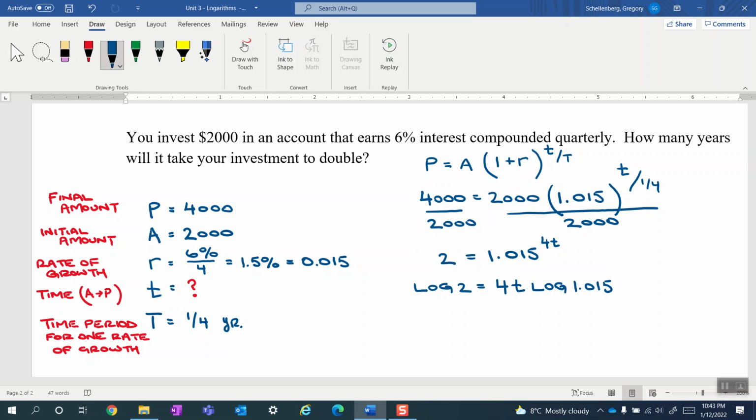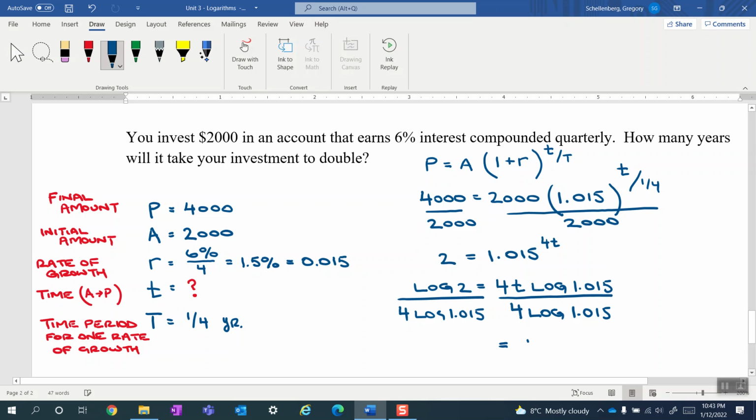Okay, and ultimately we're trying to isolate little t there. So we'll divide both sides by 4 times the log of 1.015.